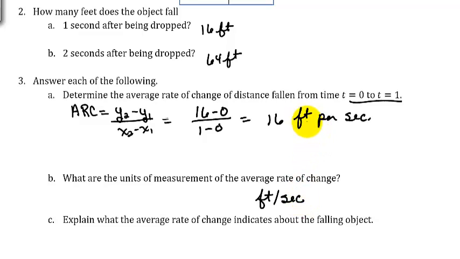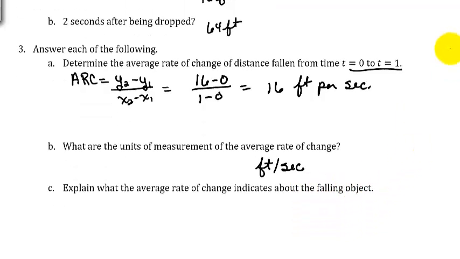So I've written it a little bit differently. Here I wrote the word per out, and here I wrote it as division, but they mean exactly the same thing. Explain what the average rate of change indicates about the fallen object. So what this means is that each second, well, it's the average rate of change.